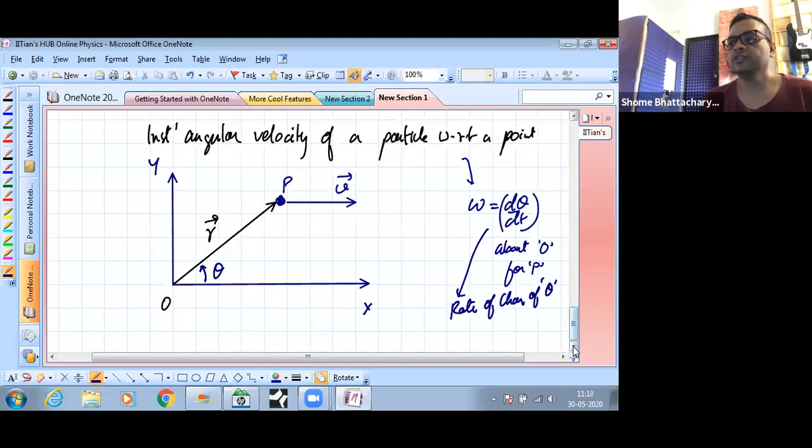So the easy way to understand it is that you divide your velocity into components, the radial component and the tangential component.